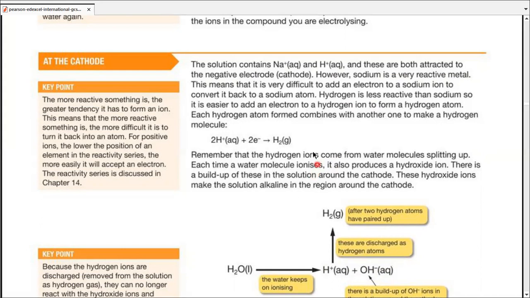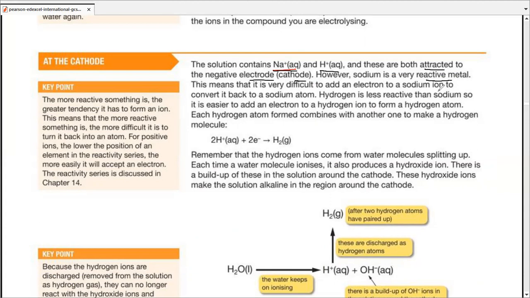And the rule is that the more reactive one stays inside the system and the less reactive one goes to the respective electrode. Let's understand the details. Now the system contains two positive ions, the sodium ion and the hydrogen ion. Now they are both attracted to the negative electrode, cathode in this case.